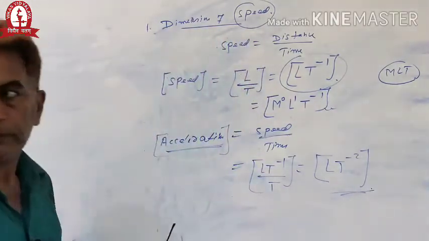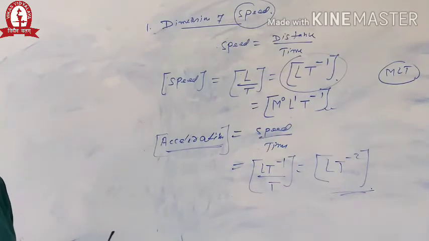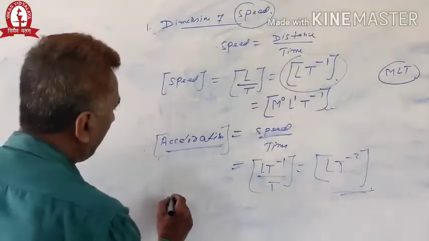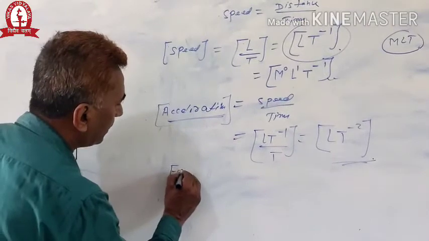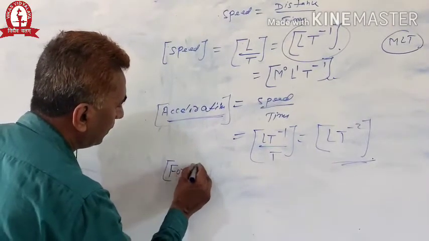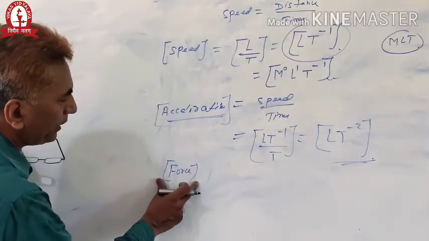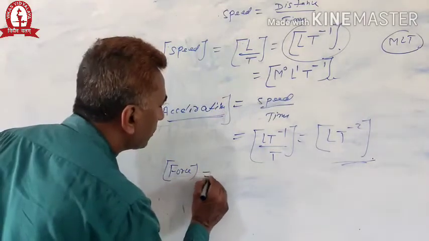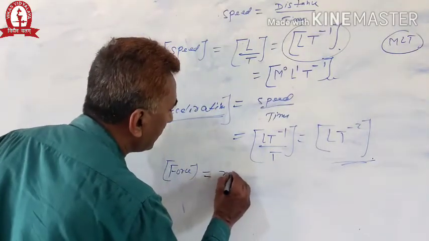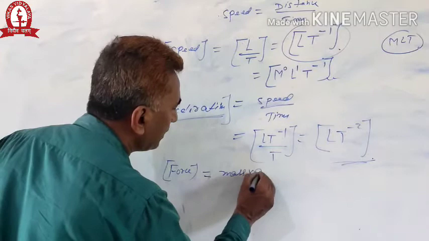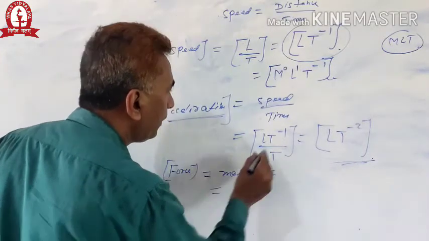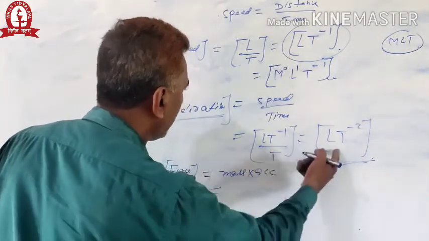Next, dimension of force. You know that the formula of force is mass into acceleration. So I will add here mass, and acceleration is this.